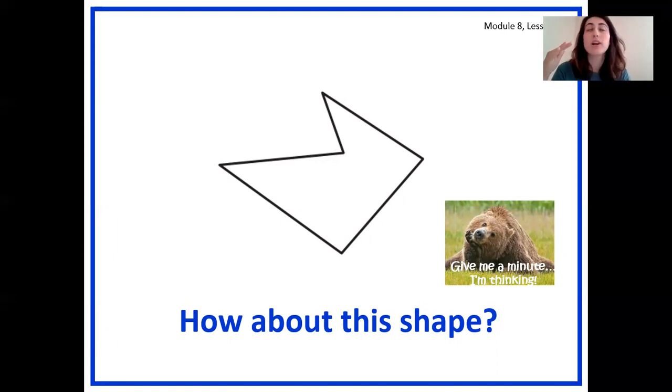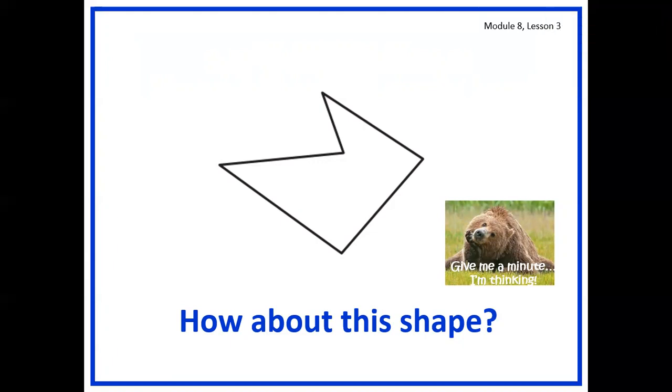So if polygons have straight sides and the sides meet neatly at corners to form angles, let's use our straight edges. Okay, so you're going to use those straight edges to be precise when drawing different polygons today.